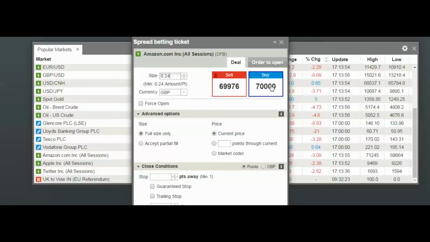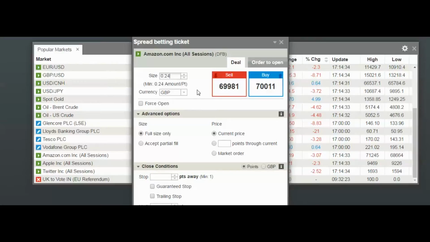So if you are buying them, and Amazon went up from 70,000 to 75,000 at 24p per point, you'd be very happy. You've made £1,200. But if from 70,000 it fell after buying to 65,000, you'd be out of pocket by £1,200. Now, if you haven't got enough margin on account, then you would be asked to top up your account by IG, but they're very good at either calling you or emailing you and letting you know that you have hit the margin requirements.